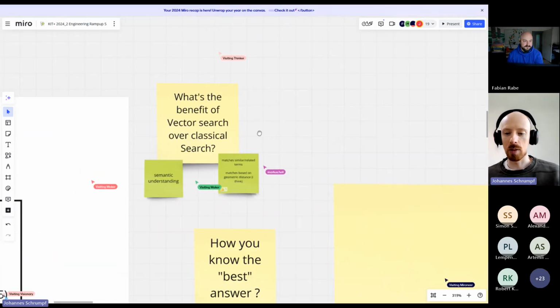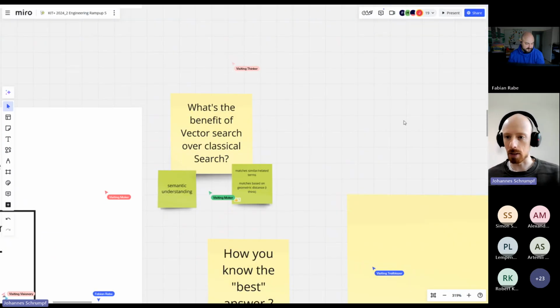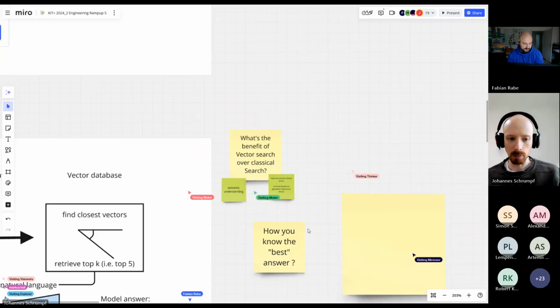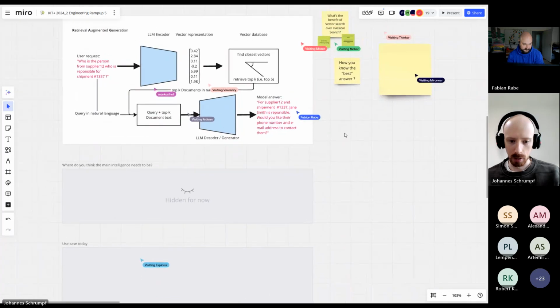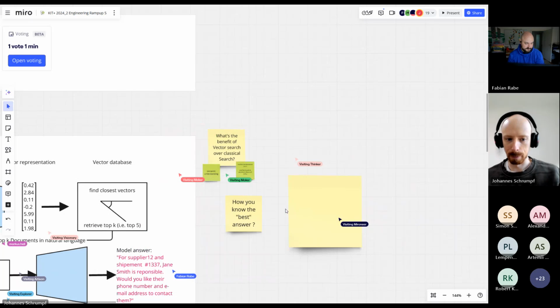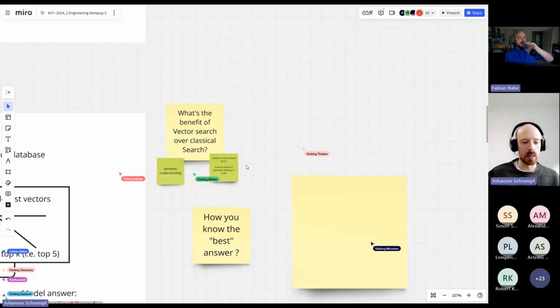So, do you feel like the explanations that we gave helped you a little to understand this a little bit more, or are you still somehow in the dark about how all of this works? Okay. No new sticky notes are being added.